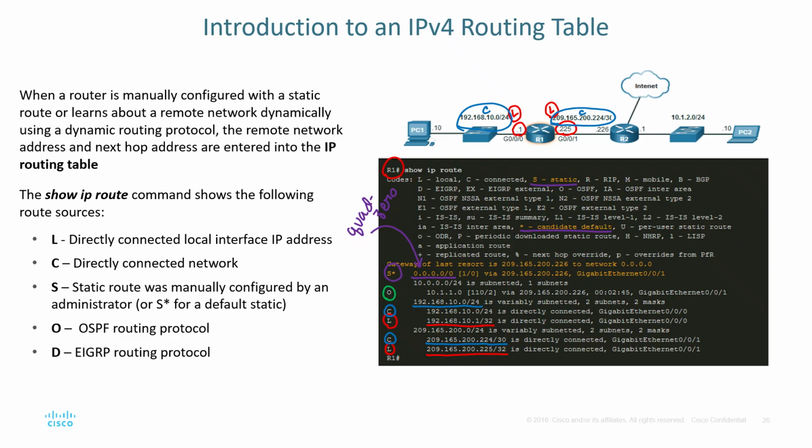However, I'm going to correct this slide because it is incorrect. They're talking about the 1.1.10 network via the interface of 226. So on G0/0/1, which is on router 2, except the network that is attached to router 2 is 10.1.2.0 in this picture.